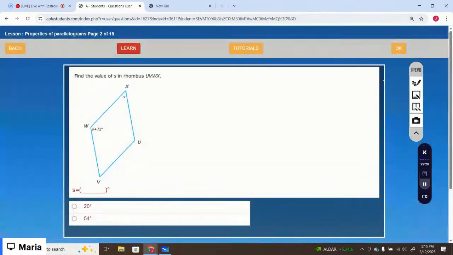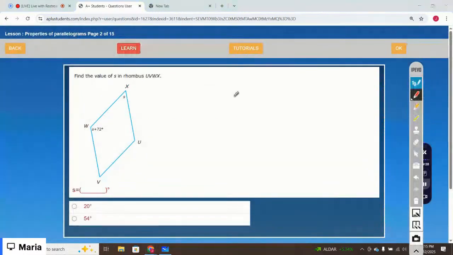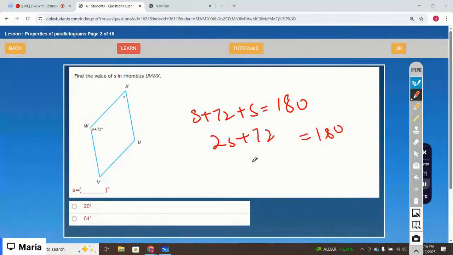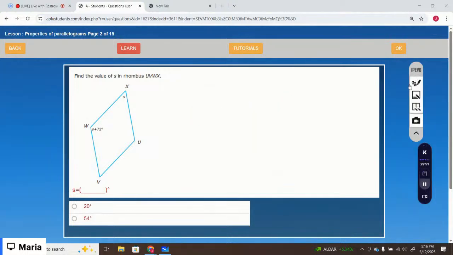So that is the sum of angle W and angle S equals 180. So S plus 72 plus S equals 180. 2S plus 72 equals 180. 2S equals 108. So S equals 54. Option number 2 is the correct option. That is 54.